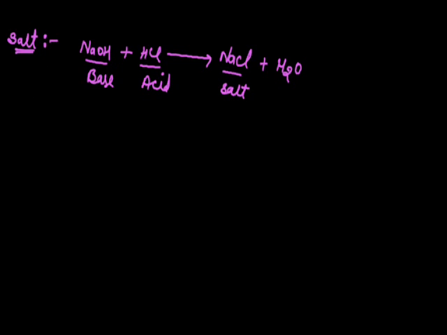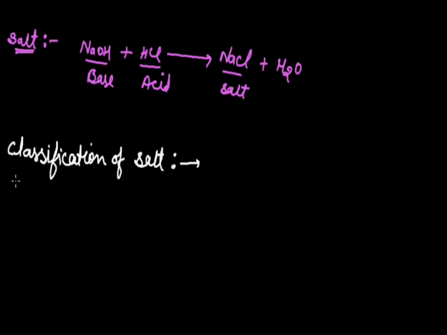Now classification of salt. It is based on their mode of formation. First, normal salt. The salts which are obtained by the complete replacement of the ionizable hydrogen atom of an acid by a metallic or an ammonium ion are known as normal salts.